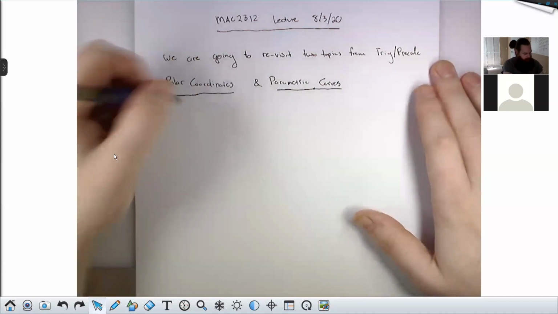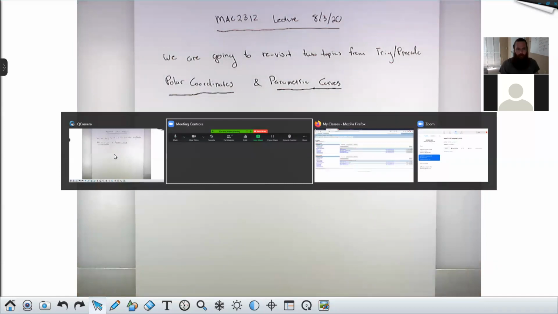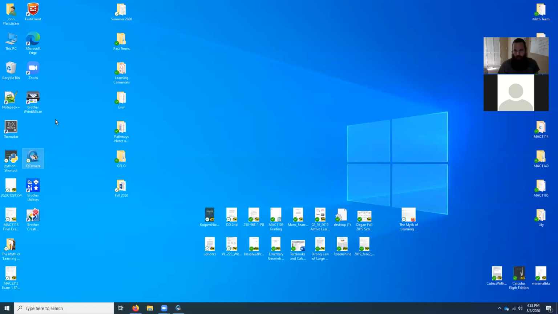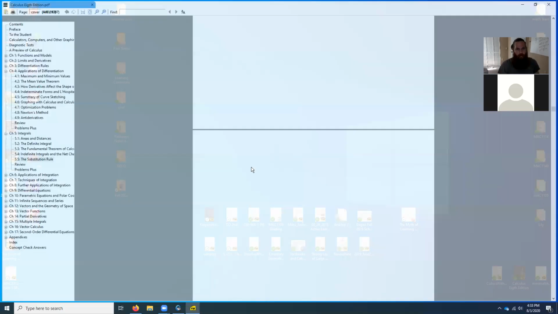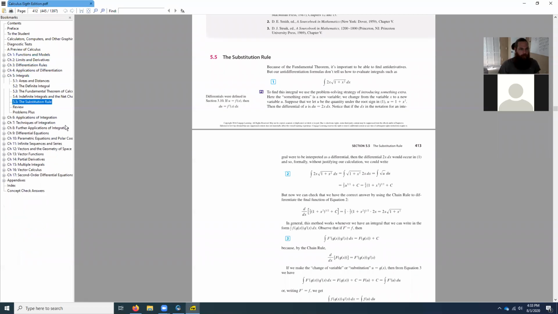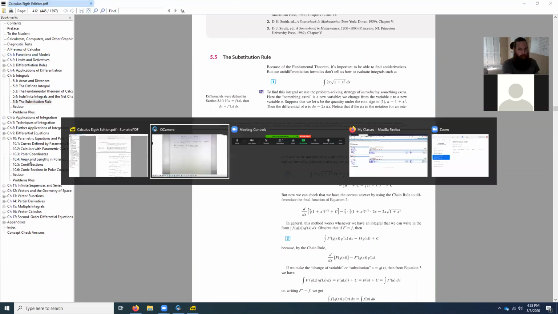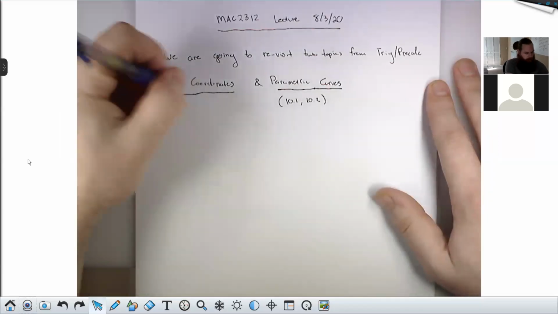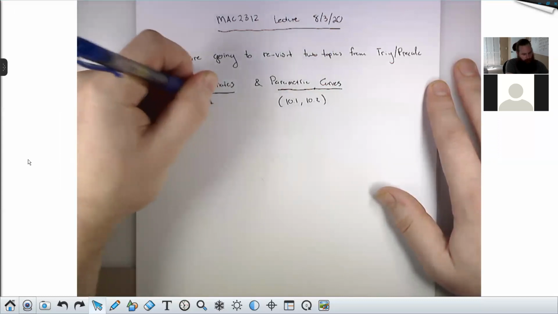So the polar coordinate stuff, I believe, is 10.3 and 10.4, and the parametric curve stuff, I believe, is 10.1 and 10.2. Let me make sure I'm getting that right. Yeah, so this is 10.1 and 10.2. And this is 10.3 and 10.4.